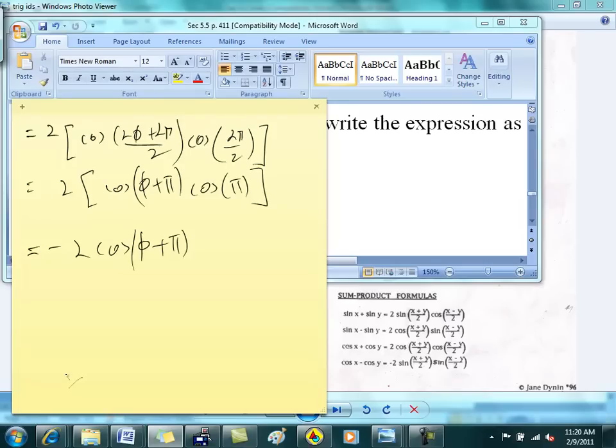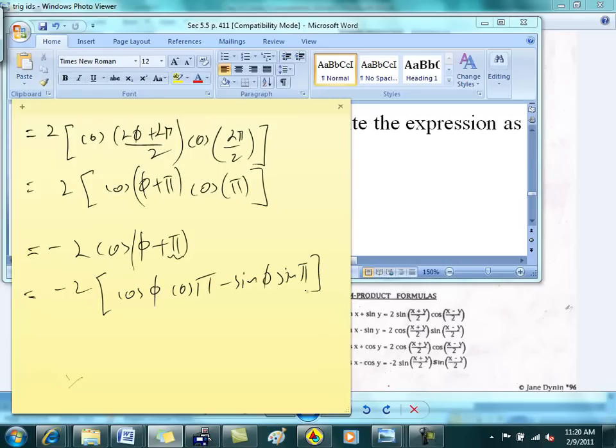Don't stop there, because this is a nice angle that I can do something with. So it becomes -2 times cosine phi cosine pi minus sine phi sine pi. What's sine pi? 0, so that disappears. What's cosine pi?